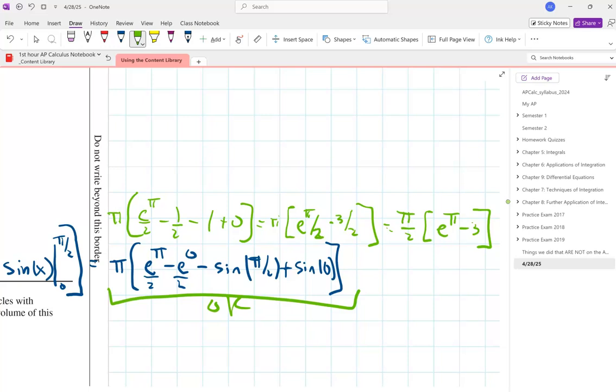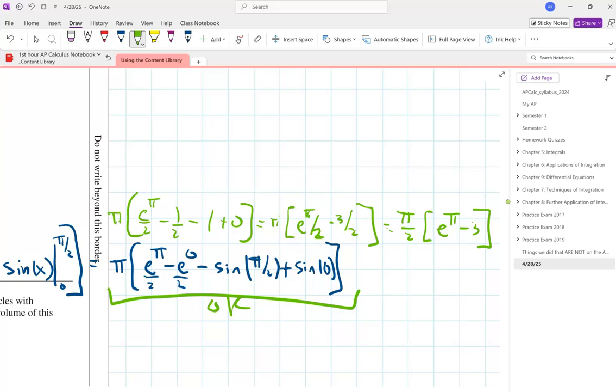Now I'll say this, just coming to thinking about it. When I did training for this course, we talked about how the graders grade things. My recommendation to you is don't circle answers.